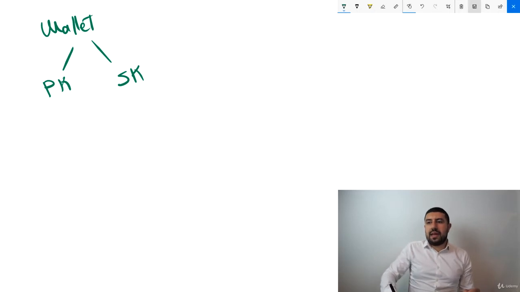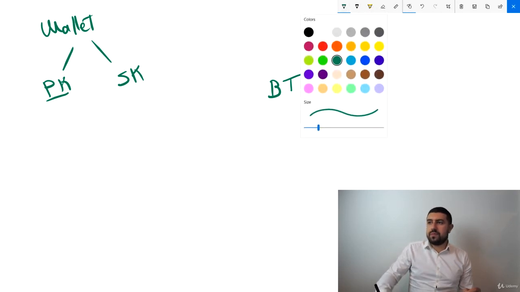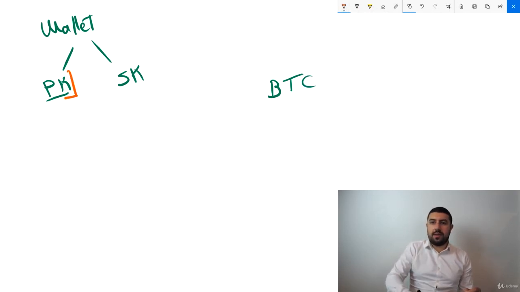Now, people think that when somebody sends them some coins, and you give somebody your public key, you tell them, this is my public key, and they get it. Obviously, you'd never show your secret key to anybody. You just hide it. This is for you.